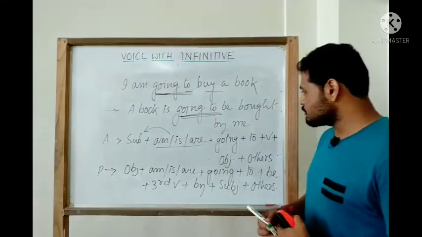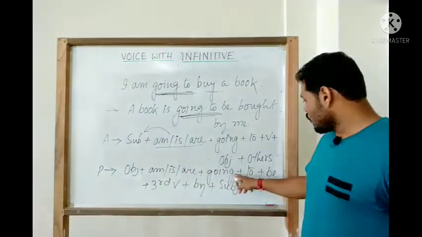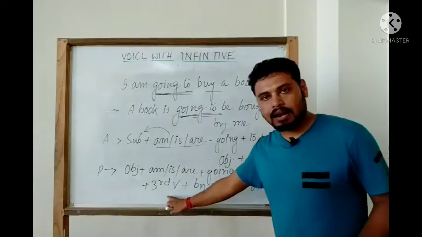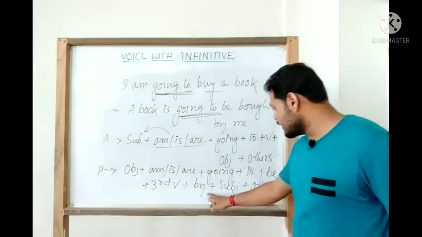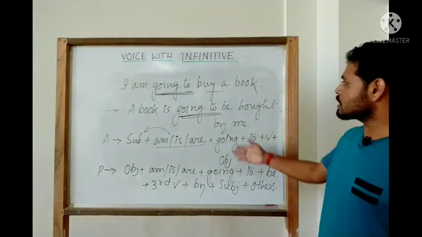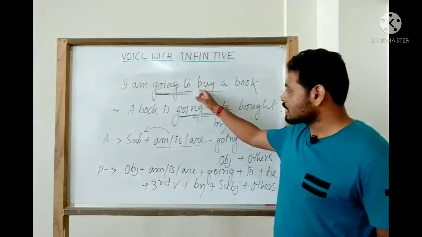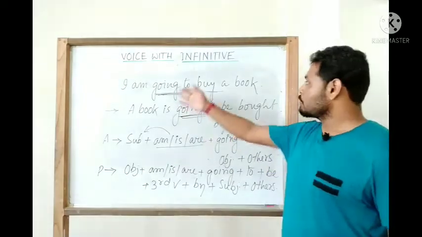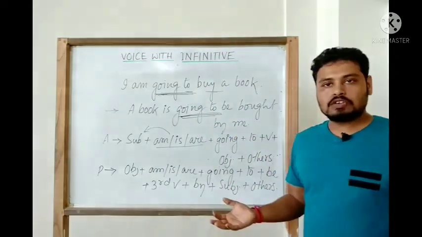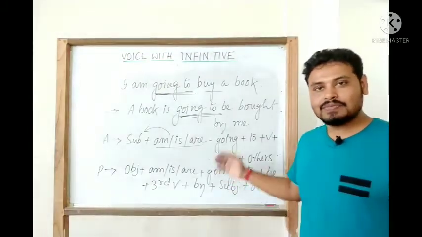So you see the passive one: object, am, is, are, going to, be, third verb, by, subject, others. So following these two structures, the sentence has been changed from active to passive like this. So I am going to buy a book is going to be bought by me. So this is very clear, very easy.